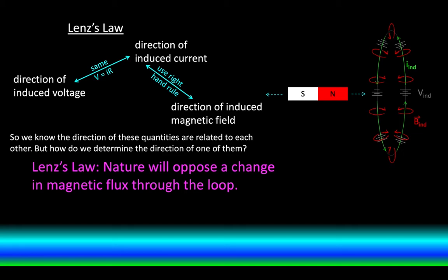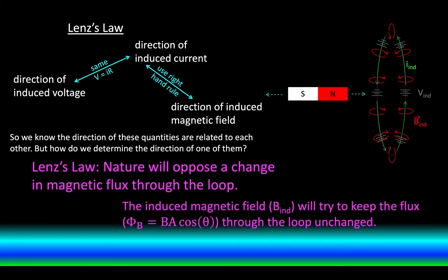Originally, I will have some amount of magnetic flux through my loop, and that magnetic flux through my loop is going to change because I'm moving this magnet around. The magnetic flux through my loop is going to change. Nature will oppose that. So the direction of the induced magnetic field will attempt to keep the flux through my loop unchanged.